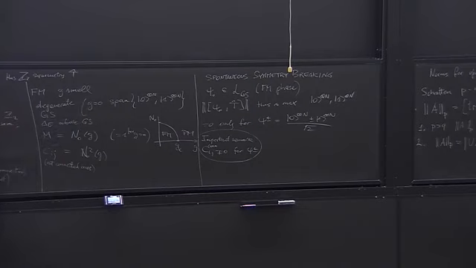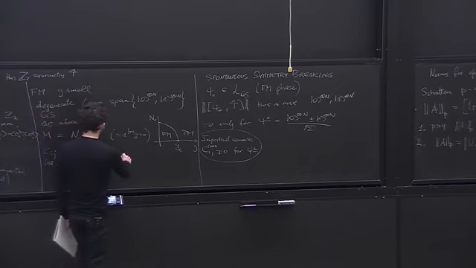I remind you that C_ij is defined like sigma z_i sigma z_j minus sigma z_i sigma z_j, where i minus j is the distance between the spin at i and the spin at j. So here we have correlations at every distance that do not depend on the distance. This is called a long-range order.